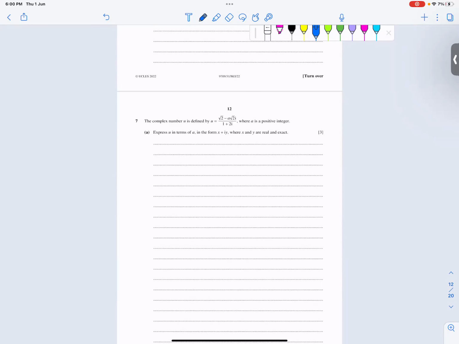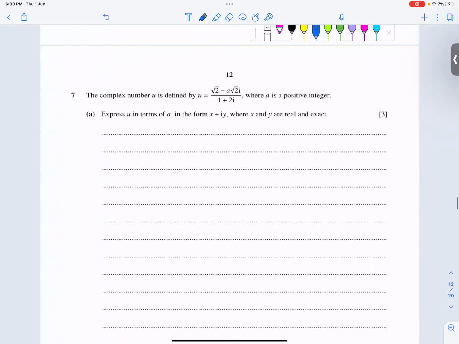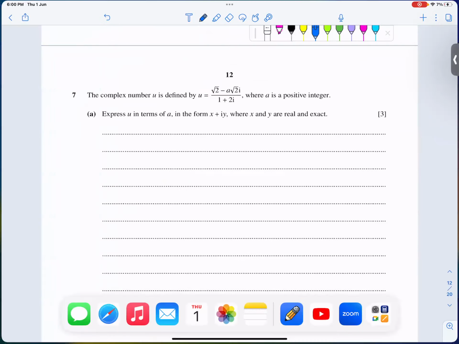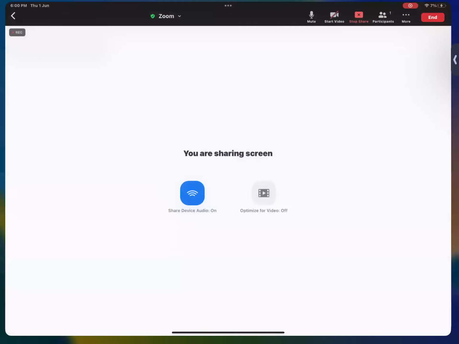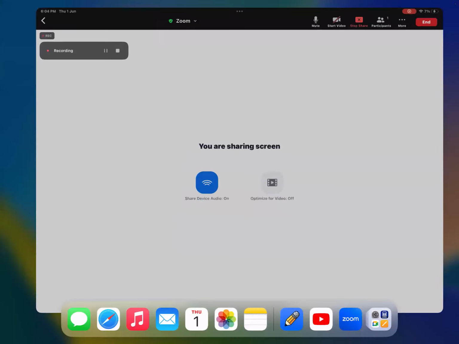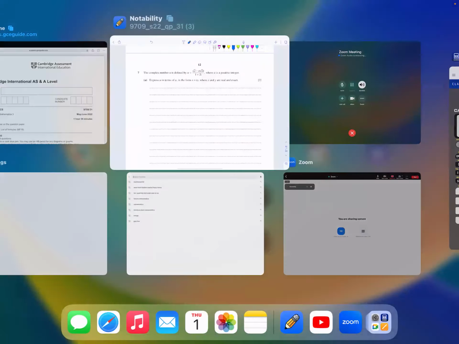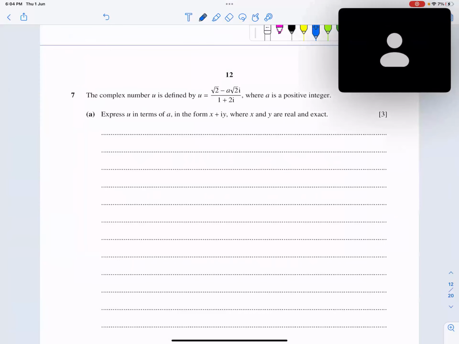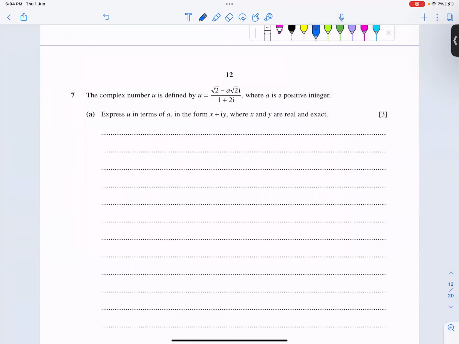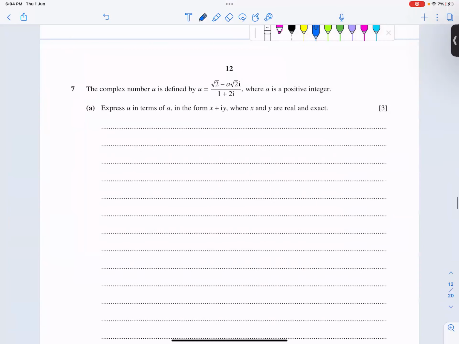The seventh question is about the complex number u, which is defined as u is equal to this. Express u in terms of a in the form of x plus iy, where x and y are real and exact.